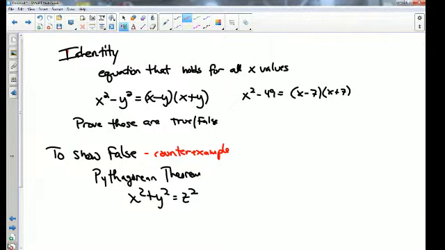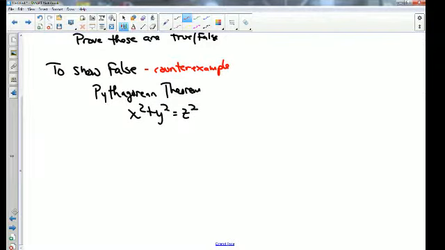So take your pick. 1, 2. We're going to be realists today and not work in the complex numbers. I mean, it's 3, it won't work. So we get 9 and 5. Does that work? Nope. You've just proven this is not an identity.